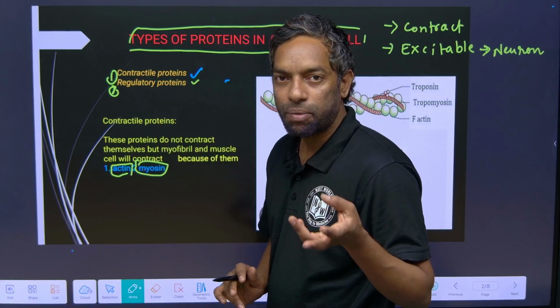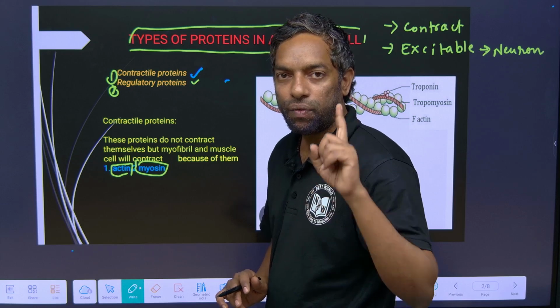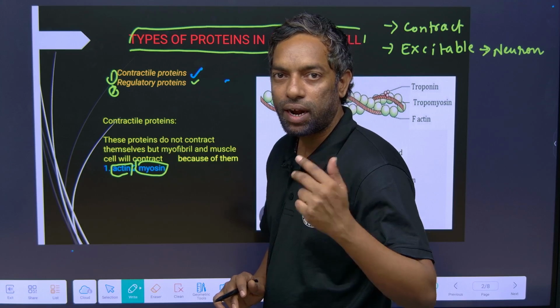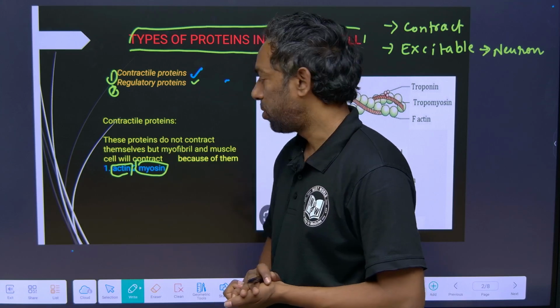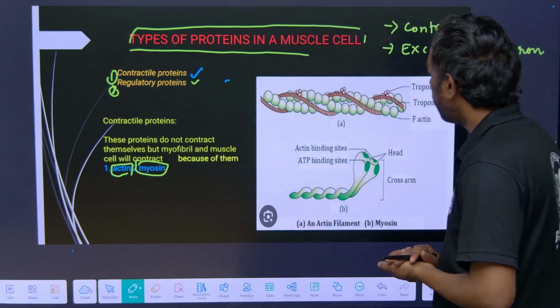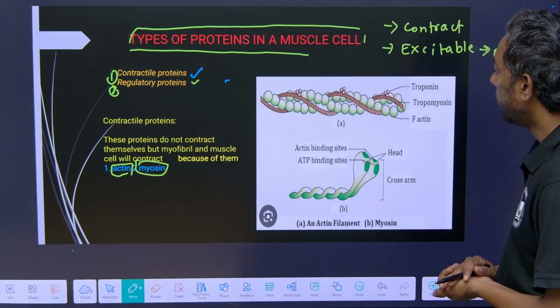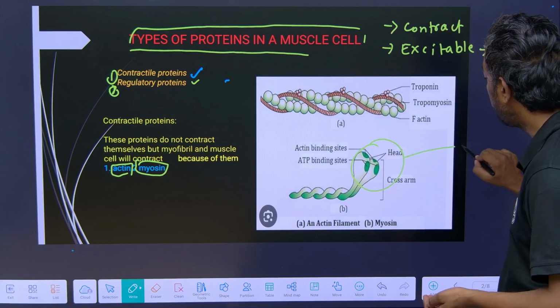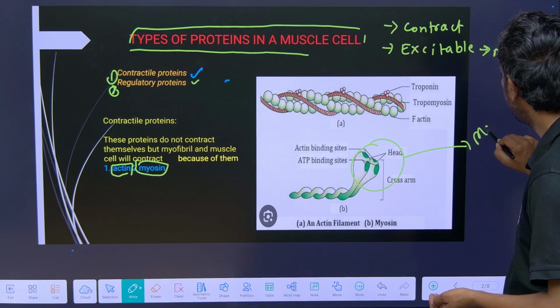The contractile proteins in muscle contraction are two: one is actin, one is myosin. Actin and myosin are the contractile proteins. You have to look here. This protein is a contractile protein, which is myosin.